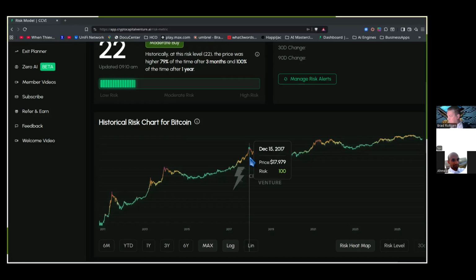But at the same time, predictions are for it to go to 500,000 and 1,000,000 and then 10 million. And well, hell, I'd rather make 1,000,000 off of it than 200,000. So I'll hold.